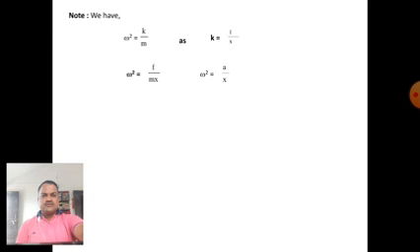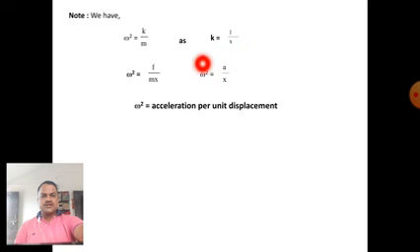Omega square is equal to a upon x, because a is equal to omega square x. So the left side remains the same, omega square. We can compare these two equations. From this relation we can say that omega square is equal to acceleration per unit displacement.